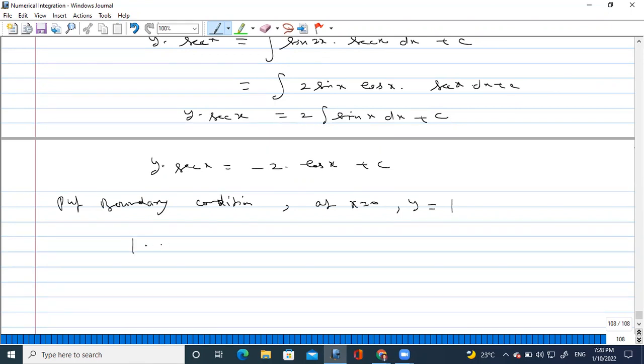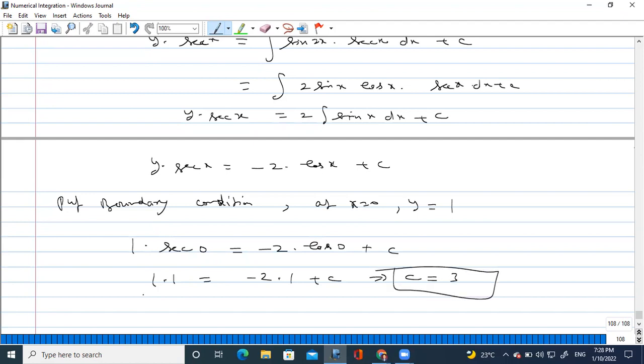So 1 into sec 0 is equal to minus 2 cos 0 plus c. Okay, so sec 0 is what? 1. And cos 0 is 1. It means c is equal to 3. So this value I can put here.